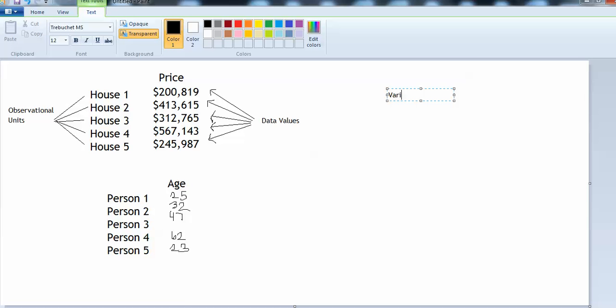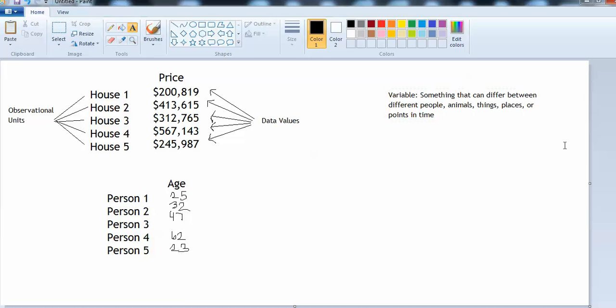Let's write out the definition of a variable. It's just something that can differ between different people, animals, things, places, or different points in time.